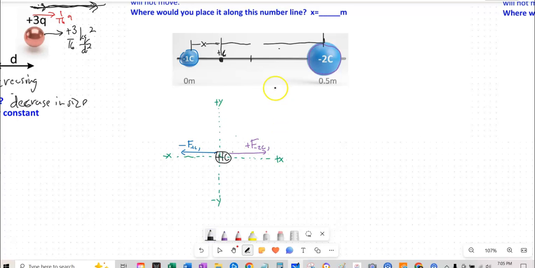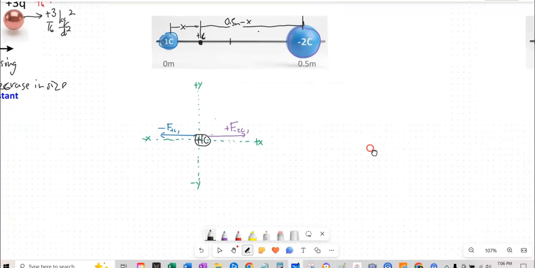Well, they're separated by a distance of 0.5 meters, but you're taking out this distance x from it. So in other words, this distance is 0.5 meters minus x. That will be the distance from the +1 Coulomb charge to our -2 Coulomb charge. All right? So we'll call this the distance x, and this is the distance 0.5 meters minus x.